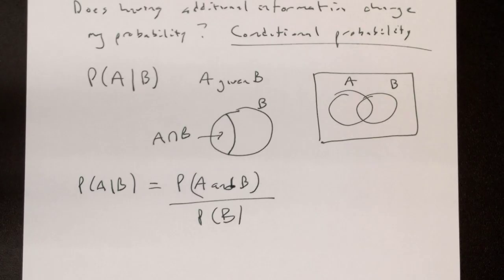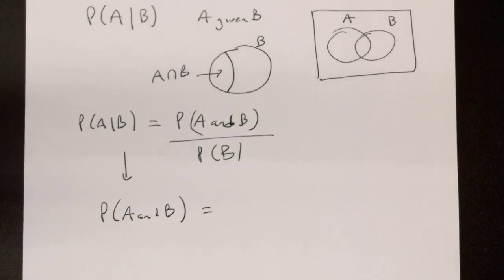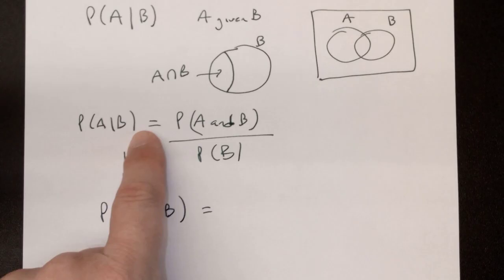Remember I said that you couldn't just multiply? Rearrange that. If I write P of A and B all alone, what's on the other side? Oh, that would mean multiplying this piece over to here.